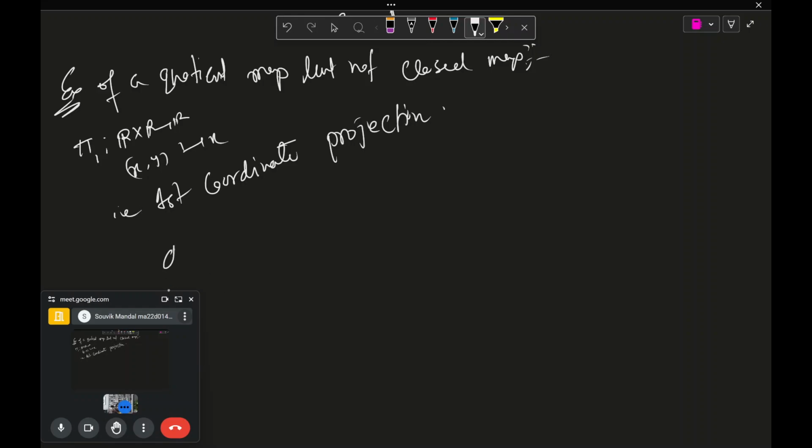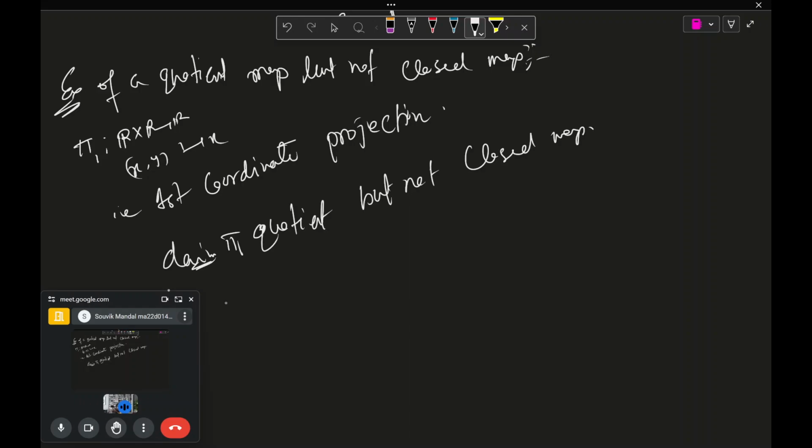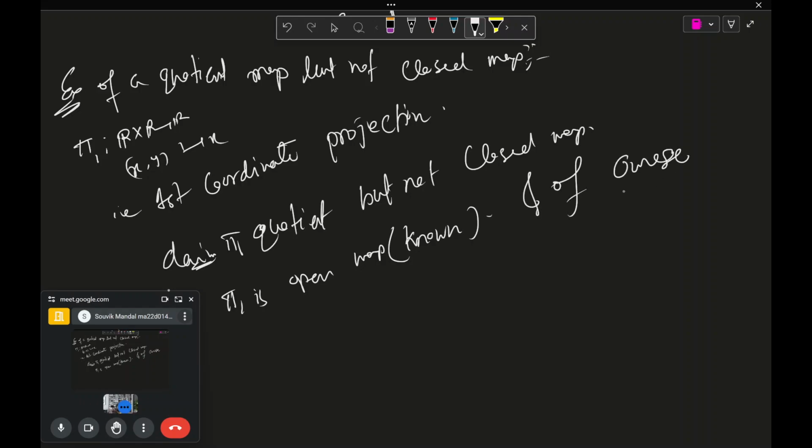So firstly, the claim is that pi 1 is a quotient map, but not closed. The answer is why. So we know that pi 1 is open, right? It is already known. And of course it is surjective.